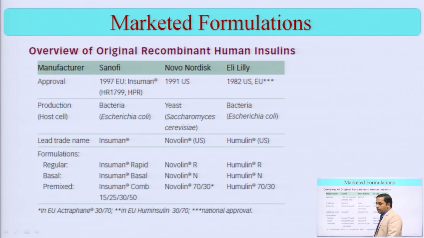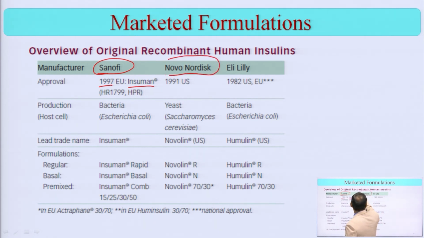And if I give an overview of all the insulin market formulations I have described: Sanofi first got approval in 1997, and their product was Insuman. Novo Nordisk got approval in 1991, and Eli Lilly got approval in 1982.